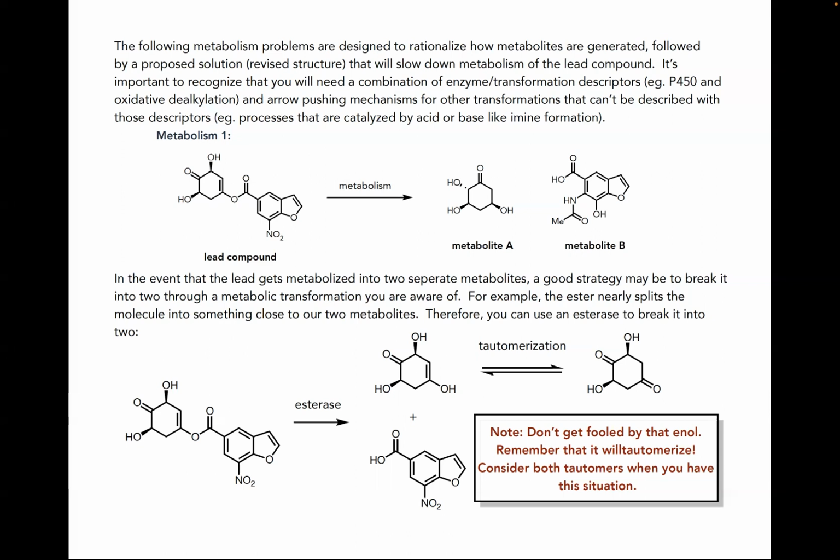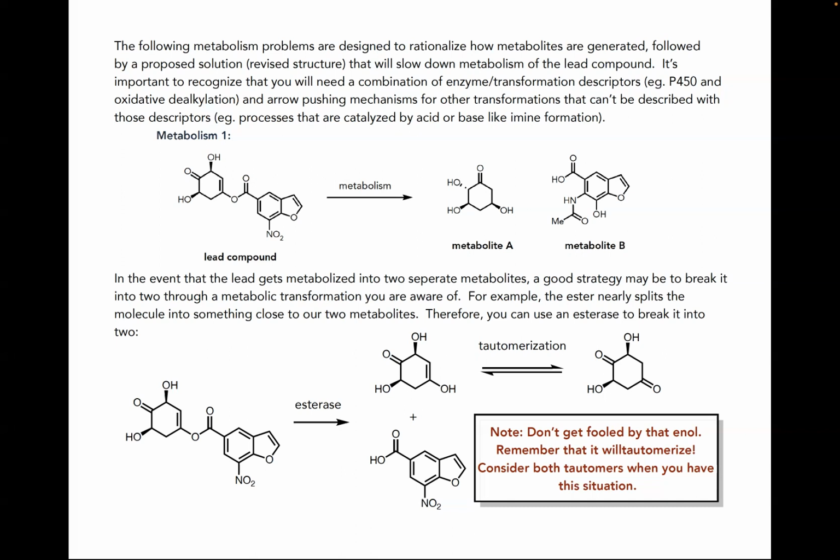That also exists in equilibrium with the corresponding enamine. So anything that can be acid or base catalyzed, remember, can occur because you're in water in the body. And so what I did was I took the first one and walked through step by step, how I would go about doing this.